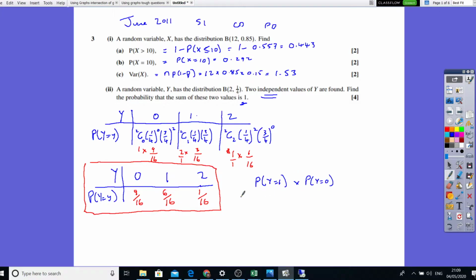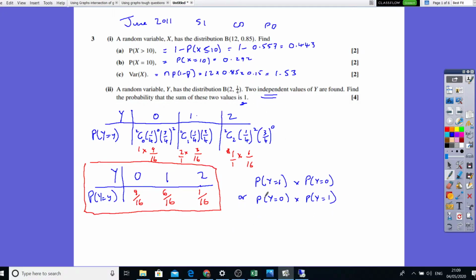Or you could get y equals 0 on your first go, and on your second go y would equal 1. Again, 0 and 1 add up to 1, so the sum of these values must add up to 1.